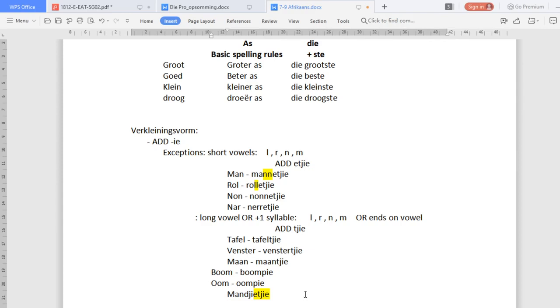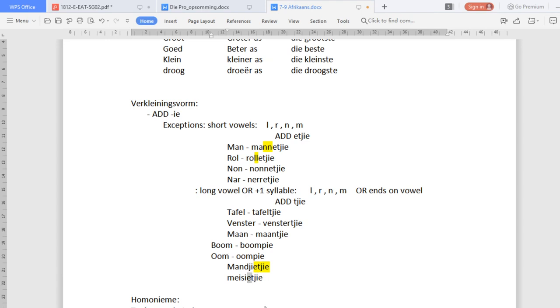Let's do another. Macy. So Macy ends with an E. So it gets TJIE. Macytjie.